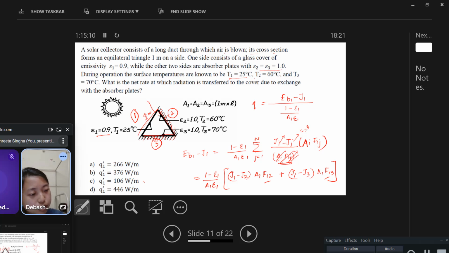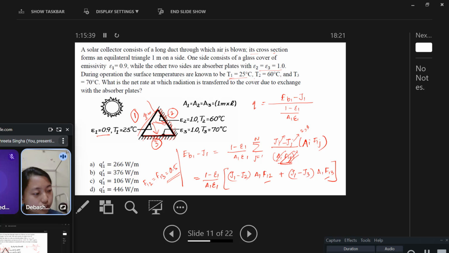So F12 and F13 are equal to 0.5 because they are symmetric surfaces, like this and like this. That means how much 2 is receiving from 1, how much 3 is receiving from 1. Since both are receiving equally, it is 0.5. So F12 and F13 are found out.